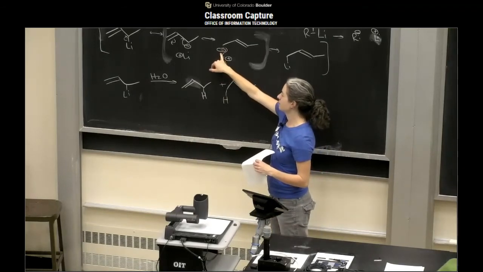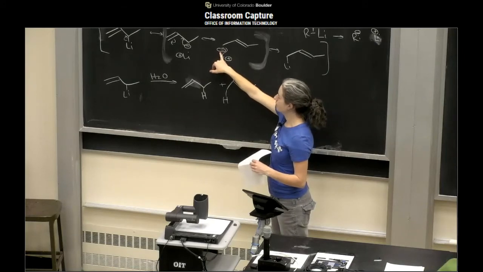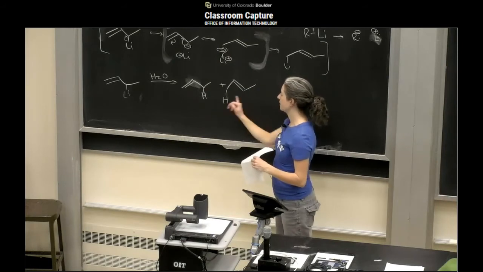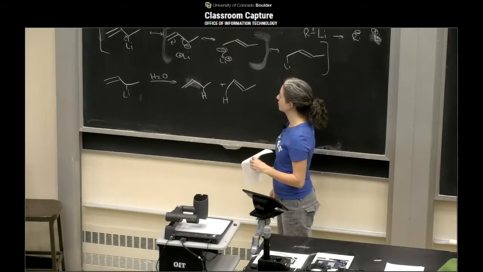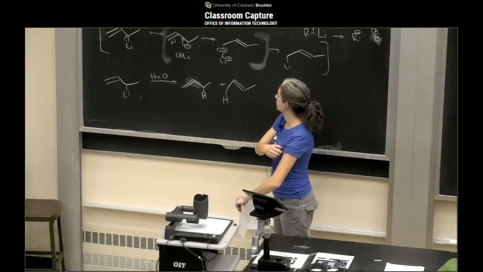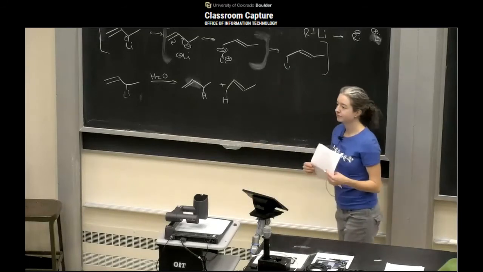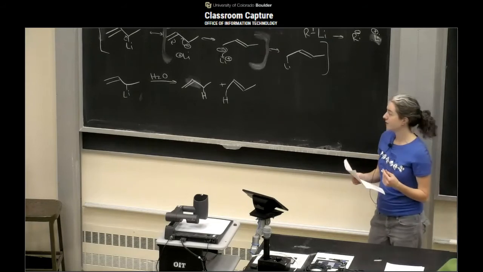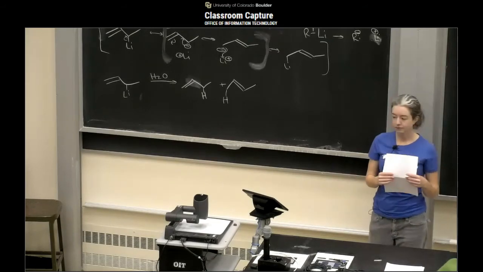So this would actually probably be the more dominant form, but I don't know if it ends up being a kinetic or thermodynamic dominated kind of thing. My guess would be kinetic, which means that probably this would be major. But yeah, I don't know for sure. Okay. So other questions about that one? Okay, cool.